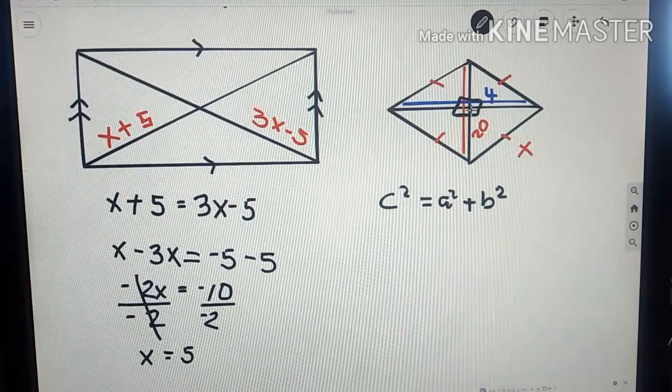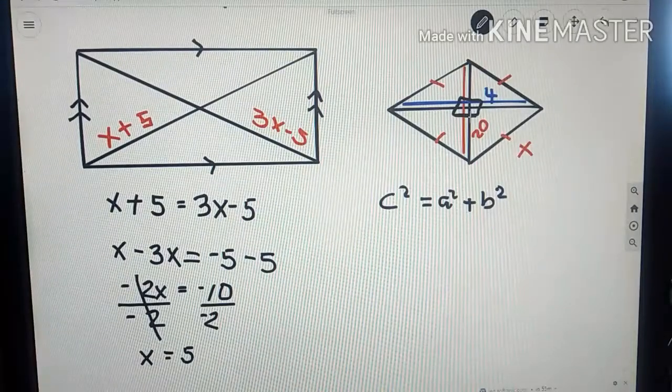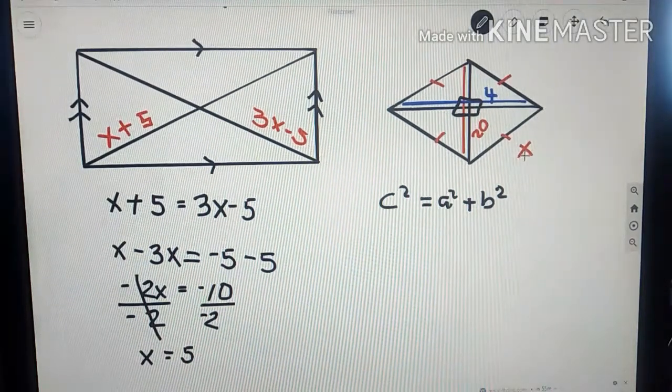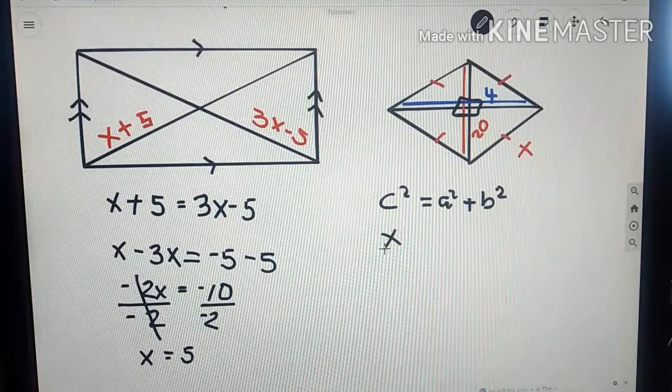So obviously, this angle here is a right angle, and then the opposite side of a right triangle is the hypotenuse, or the longest side of a triangle. So this will be our x. So x squared.